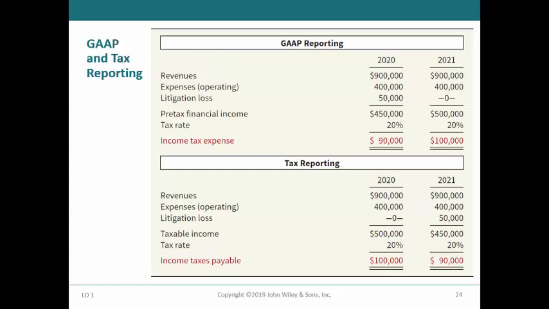This results in income tax expense for financial purposes of $90,000 in 2020, but since the loss is not reported on the tax return in 2020, income taxes payable is $100,000. In 2021, the loss has already been reported for financial reporting purposes, so income tax expense is $100,000, but now the loss is reported for income tax purposes, so income taxes payable in 2021 are $90,000.